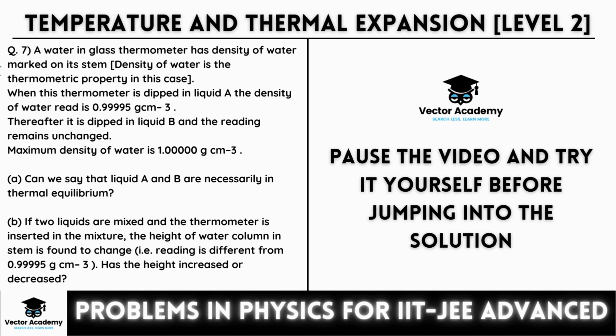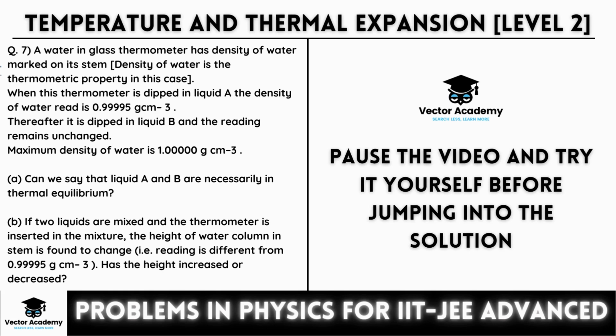Thereafter it is dipped in liquid B and the reading remains unchanged. Maximum density of water is 1.0 gram per centimeter cube. A. Can we say that liquid A and B are necessarily in thermal equilibrium?